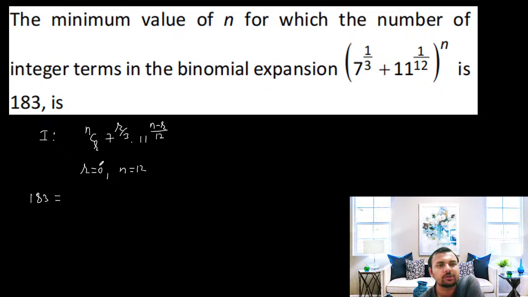or not. So when r is 0, nC0, 11 to the power 12 by 1, okay. When r is 3, nC3, 7 to the power 1, 12 minus 3, it is nothing, okay.